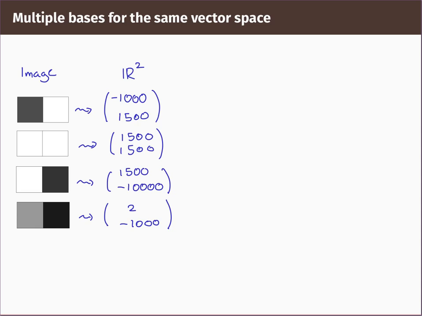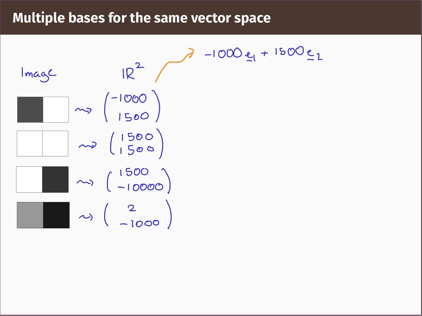For example, this first image here would correspond to the vector -1000 e1, the first standard basis vector, plus 1500 e2. And the coefficients of the standard basis vectors have a concrete meaning. The coefficient of the first standard basis vector is telling you how dark or how light the first pixel was. And the coefficient of the second standard basis vector is telling you how dark or how bright the second pixel was.